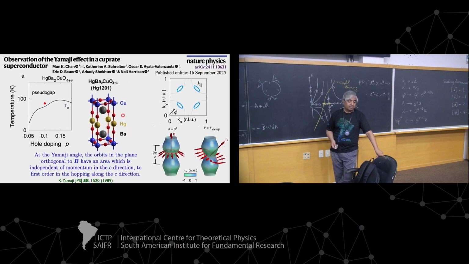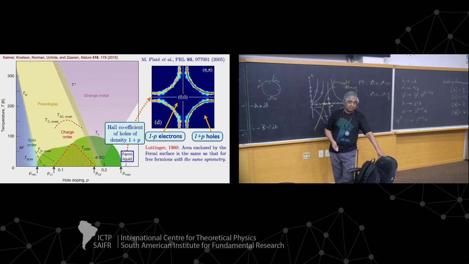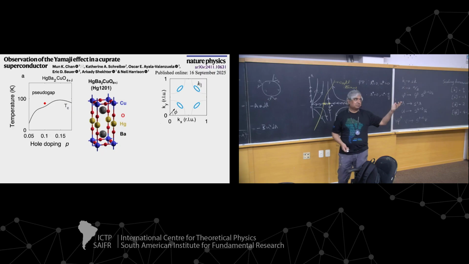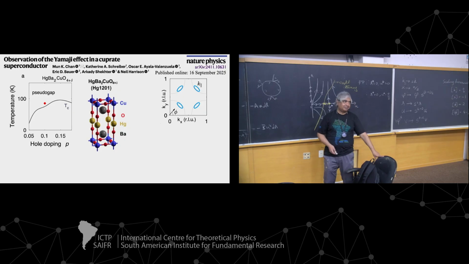Oh, that was in the ordered phase. They do have results at high doping when there's no order, but that just shows an arc. It doesn't show any pocket at all. Okay, so the evidence for pockets came in angle-dependent magnetoresistance experiments.